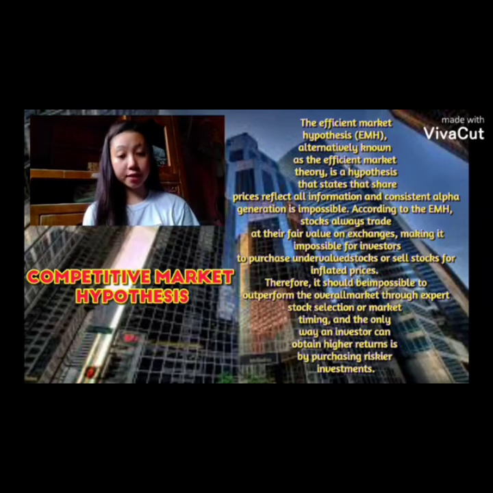According to the EMH, stocks always trade at their fair value on exchanges, making it impossible for investors to purchase undervalued stocks or sell stocks for inflated prices. Therefore, it should be impossible to outperform the overall market through expert stock selection or market timing. And the only way an investor can obtain higher returns is by purchasing riskier investments.